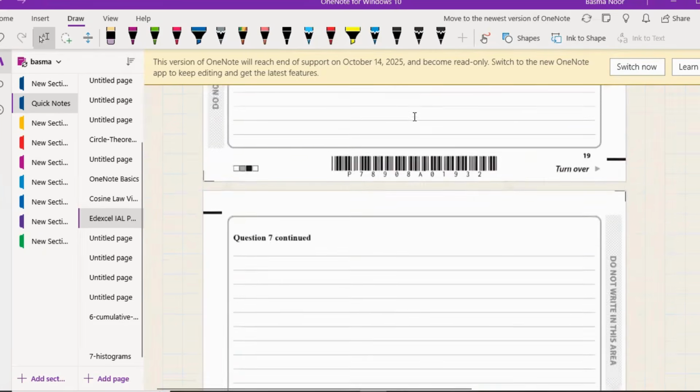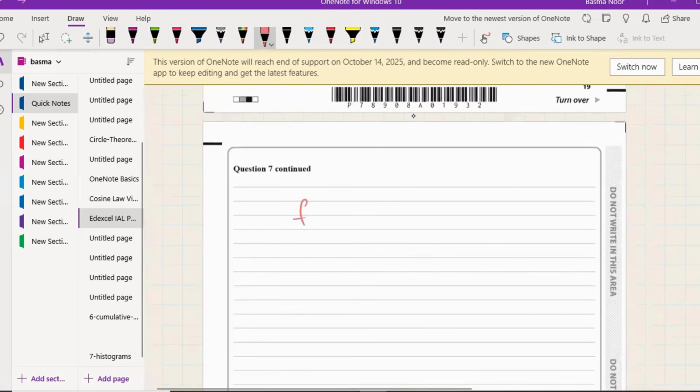So first of all, let me write the f of x. Part A, we should know that f of x is a cubic curve, so it should look like this: a bracket x minus b, x minus c, x minus d. Okay, so this is the standard function for a cubic one.